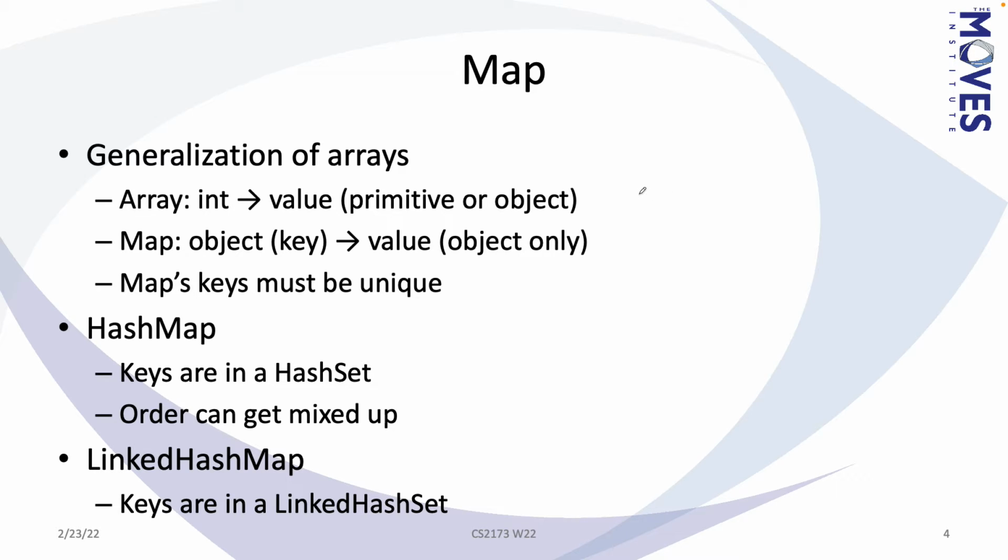And as we've seen, arrays can have values that are primitive or objects. The other constraint is that with an array, the possible values for the ints must be 0 through n minus 1, the silly zero-based indexing.